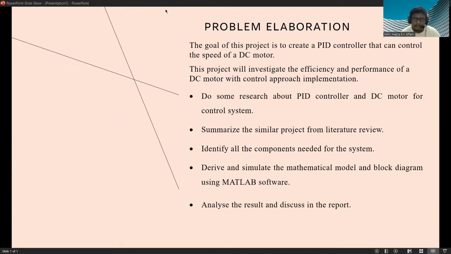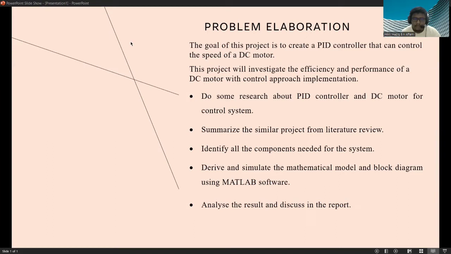As our title reports, in this project, we will investigate the efficiency and performance of a DC motor with a control approach implementation. In order to achieve all these project objectives, we need to do the following steps in order to get the result.